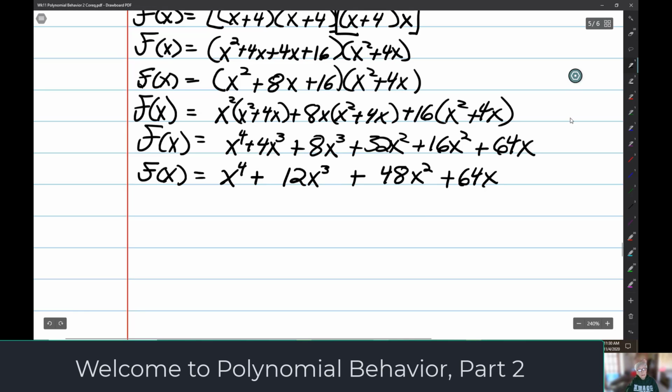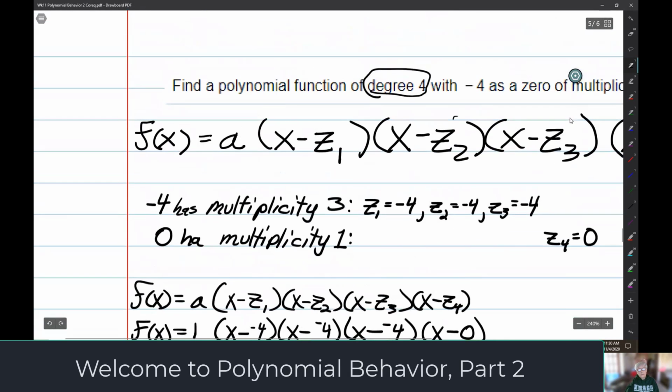There's your polynomial built from negative 4 that has multiplicity 3 and 0 that has multiplicity 1.